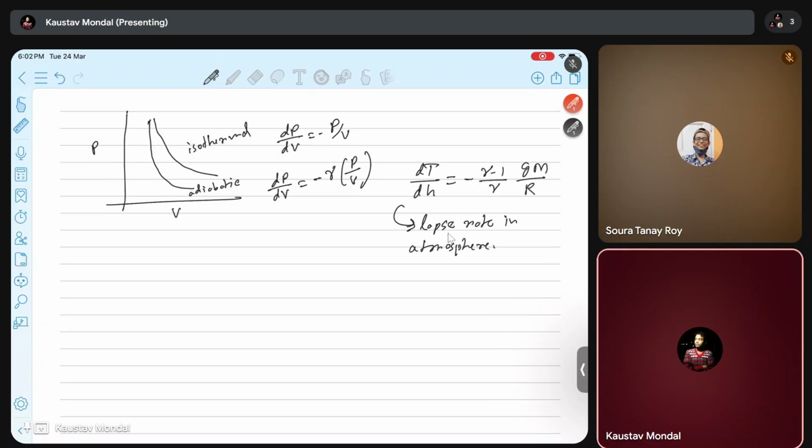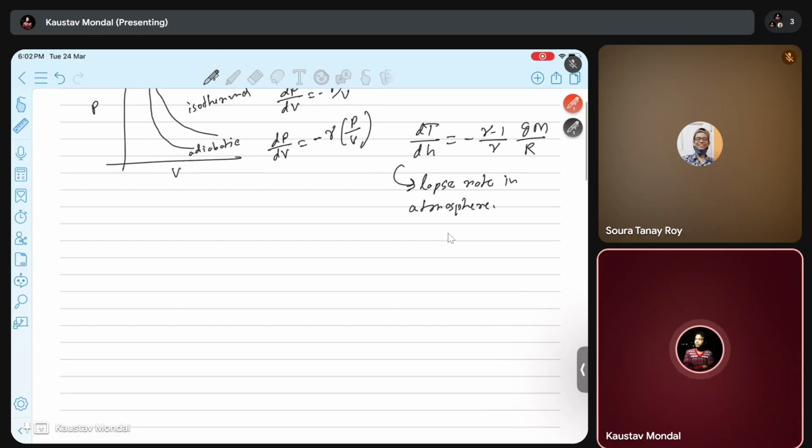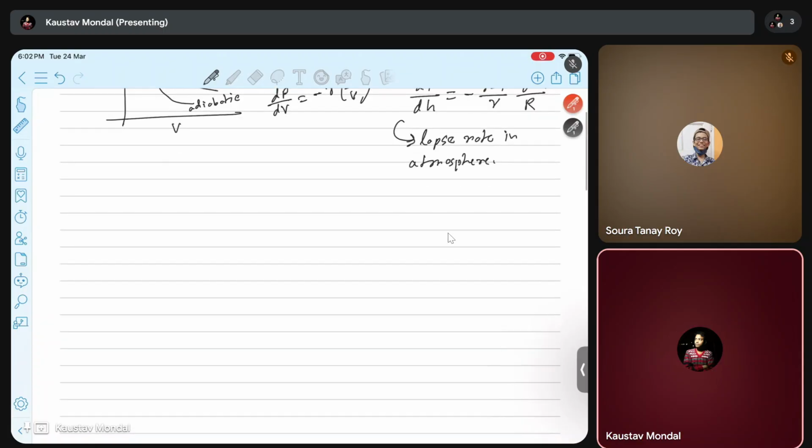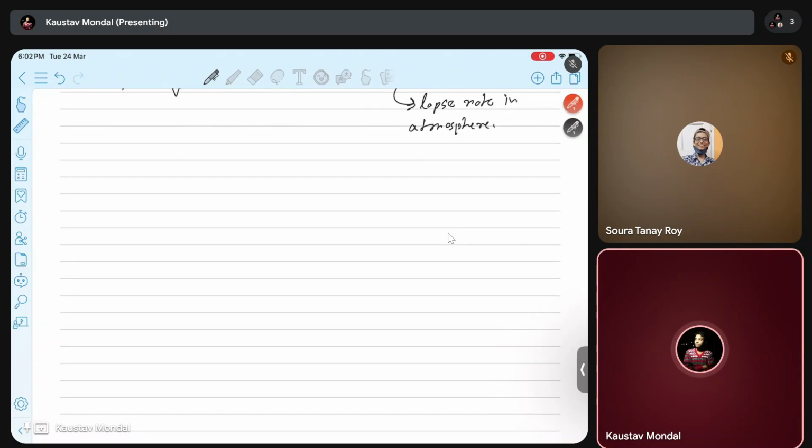Okay. Next, we have also discussed the cyclic process. From the name itself you already know, it basically goes back to the position where it started. Okay, so this is how the PV diagram of a cyclic process looks like. So we discussed the properties of the cyclic process.